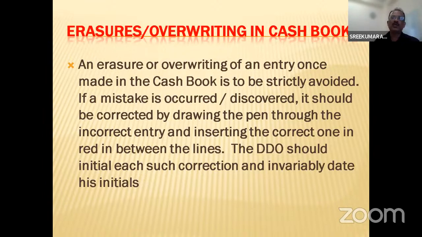No overwriting, no whiting, etc. is allowed, because that can be repeated. The DDO should initial each such correction and invariably date his initials. Whenever there is a correction in an entry in the subsidiary cash book, the correction needs to be attested by the DDO, who is the custodian of the cash book, with the date.